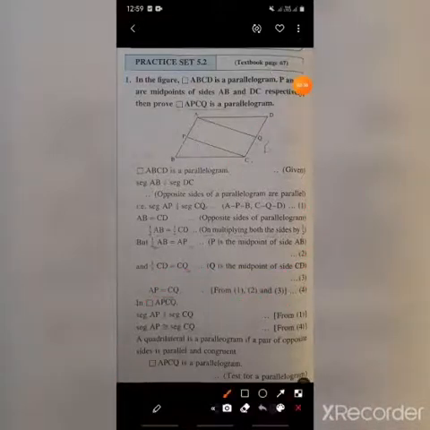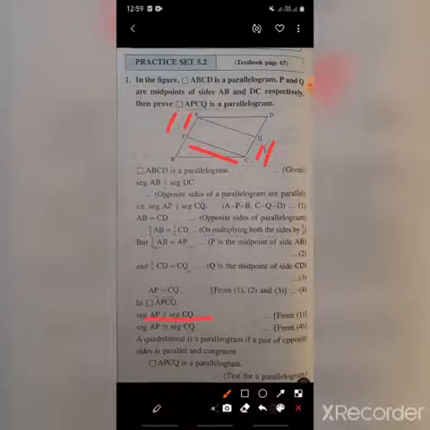This proves AP is equal to CQ. Then in APCQ, AP is parallel to CQ, from 1 and 4.